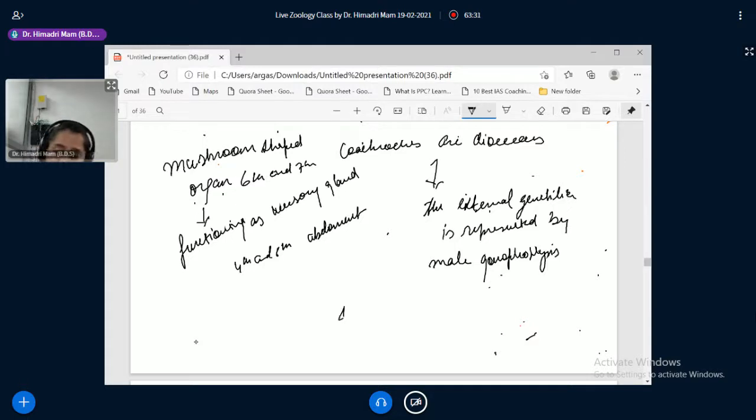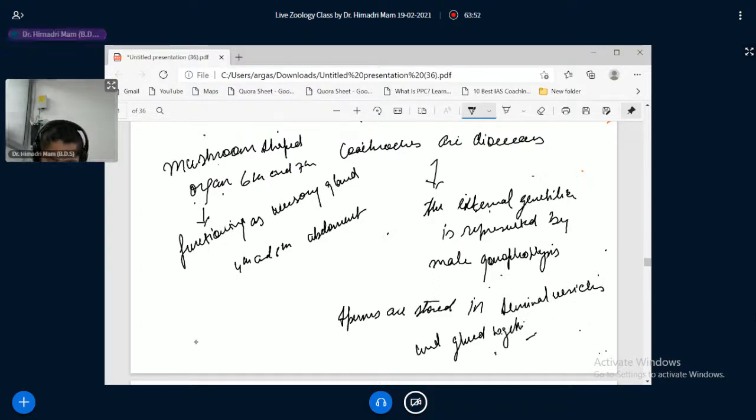The sperms are stored in the seminal vesicle and glued together in bundles called spermatophores.